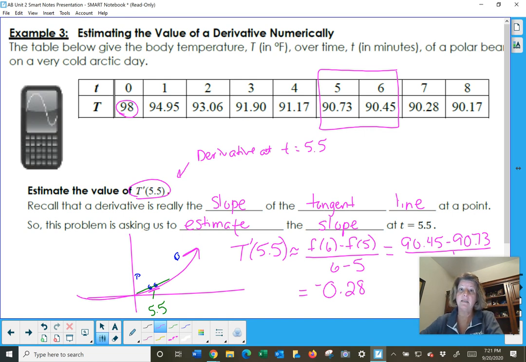That makes sense that the slope is negative because we can see that the temperatures are decreasing, and a negative slope means we are headed down.